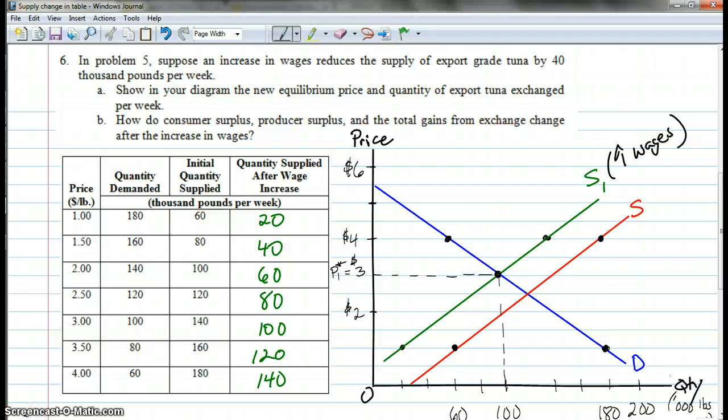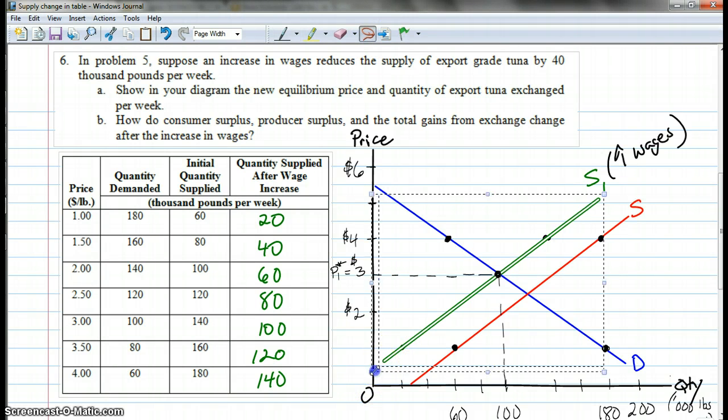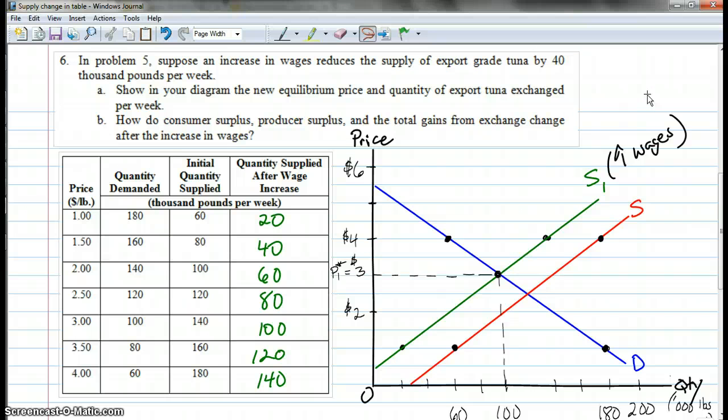In order to answer part B, how do consumer surplus, producer surplus, and the total gains from exchange change after the increase in wages, it'll be handy for me to make sure that my curves are stretched out to the vertical axis, the price axis there, so I'll do that. And it also is going to be required that I mark the old equilibrium price and quantity, so I'll do that as well.